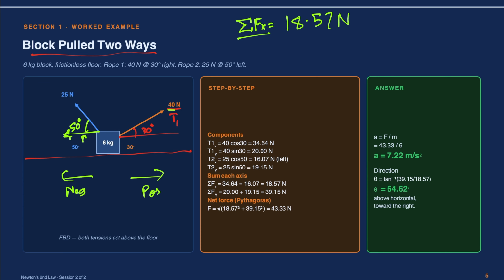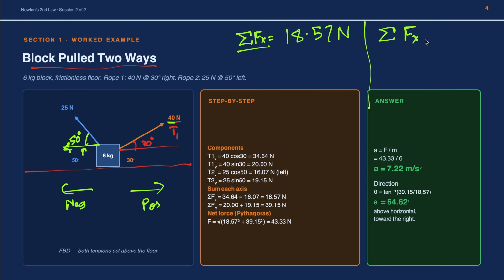So let me make separate space for myself here. Net force in the y direction is going to be equal to tension 1y plus tension 2y. And then do we need to swap the signs? If I define up as positive, then both vectors are going up, right?